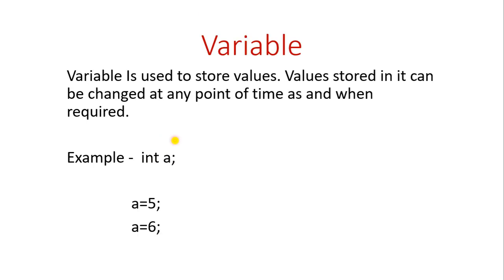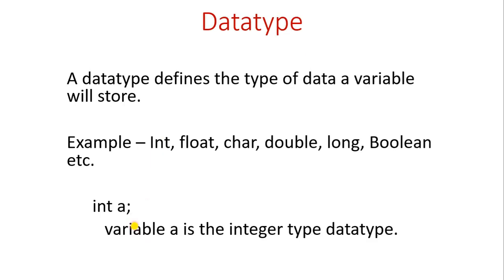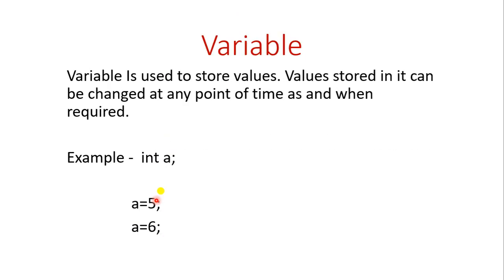Let's go next. Along with the data type, there is one more thing, that is the variable. So what is a variable? A variable is used to store values. As I told, a holds the data, meaning values.